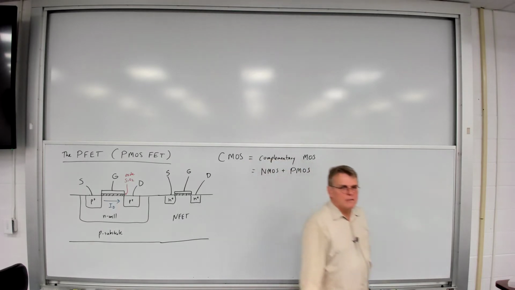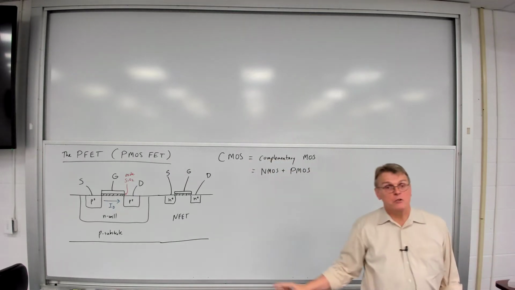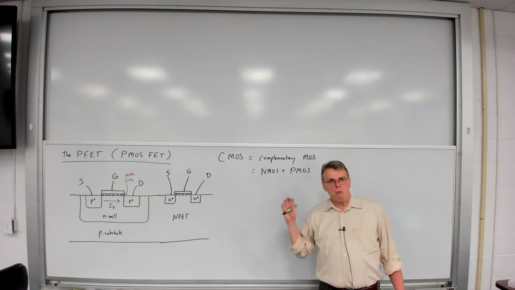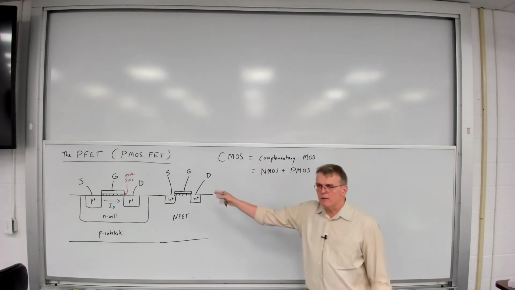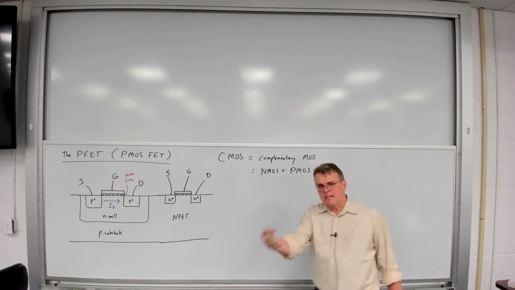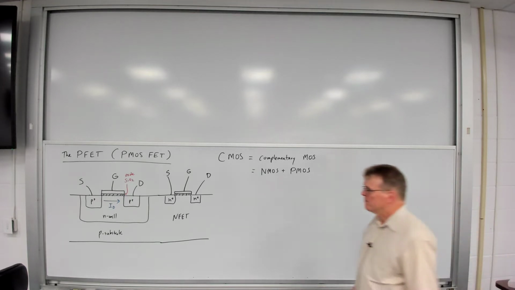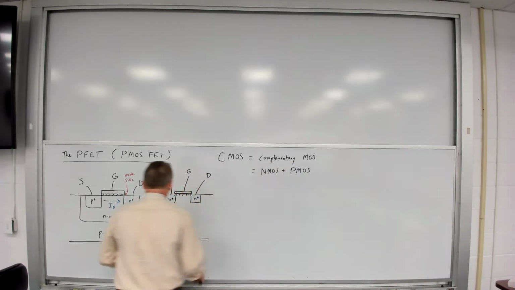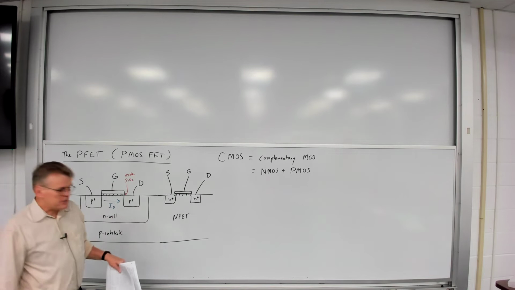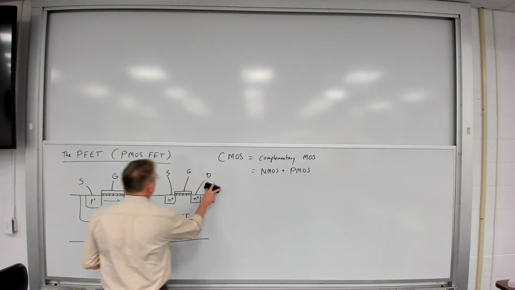So, this is what we do modern design with, and in fact, when we start looking at circuits designed with MOS transistors, we're going to be looking at complementary type designs. Because it turns out having both PMOS and NMOS available makes things much easier for a lot of circuits. Okay? So, let's now focus on the qualities or the properties of the PFET itself.